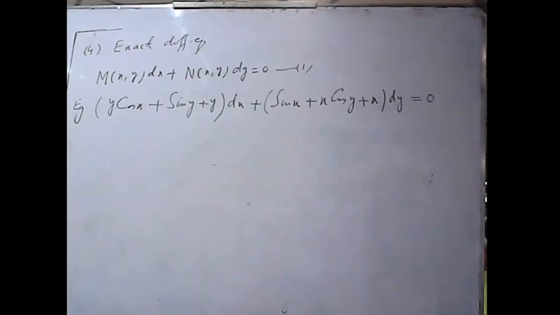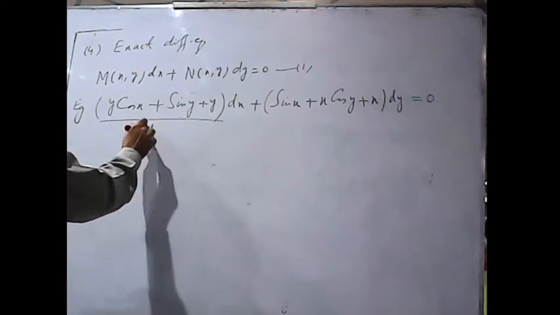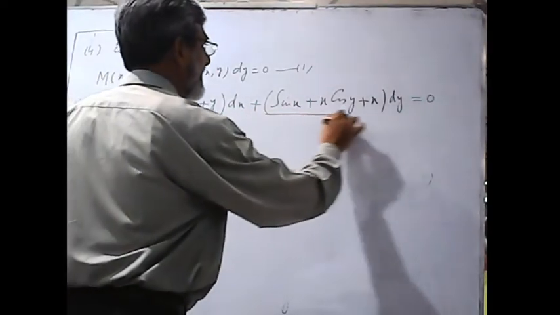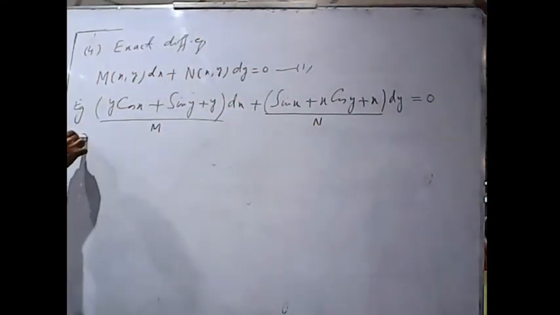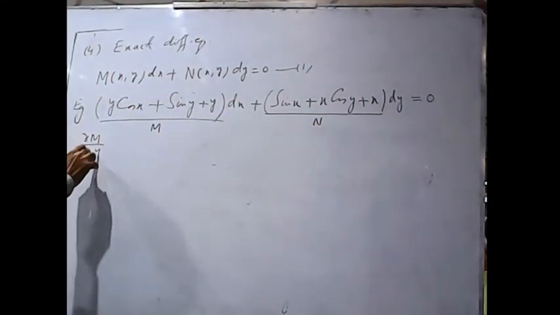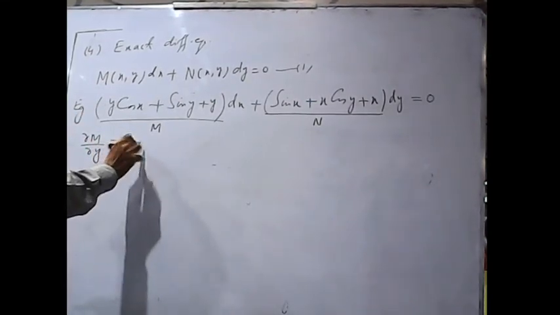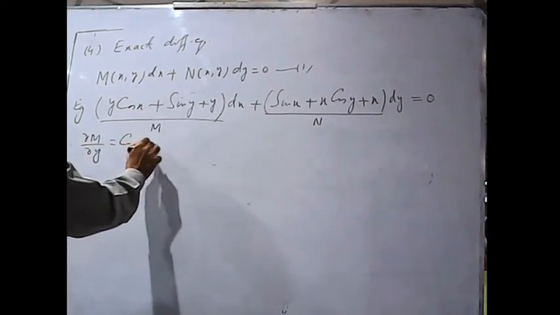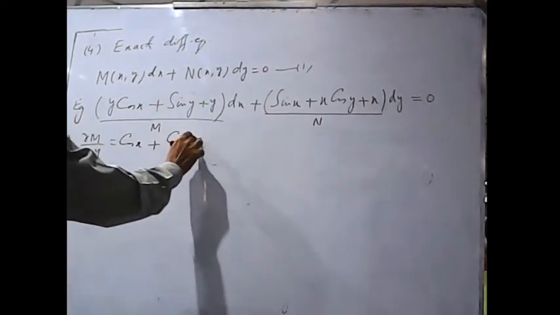So we try form number 4, the exact equation, already in standard form with capital M and capital N. Now differentiate M with respect to y: the derivative of y cos x is cos x, the derivative of sin y is cos y, and the derivative of y is 1.